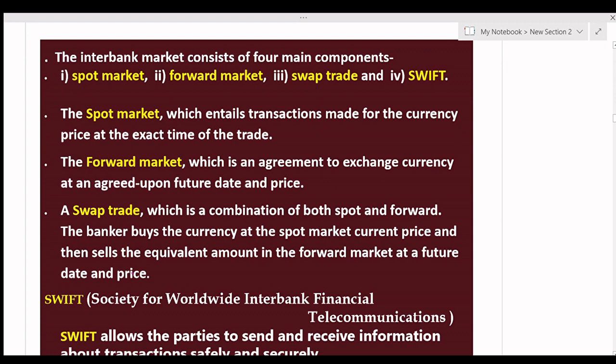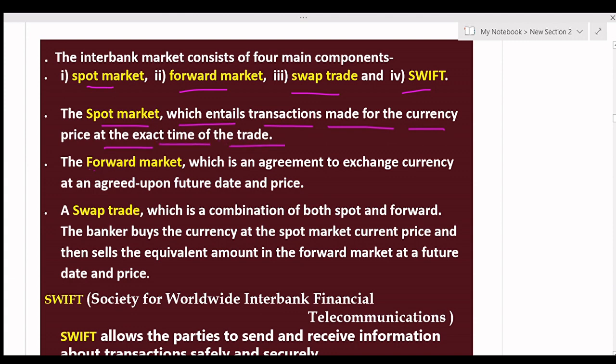The interbank market consists of four main components. Number one, spot market. Number two, forward market. Number three, swap trade. Number four, sweep. The spot market entails transactions made for currency price at the exact time of trade.